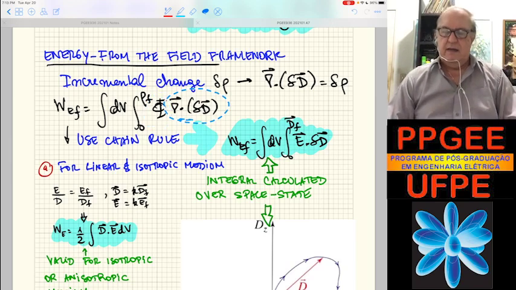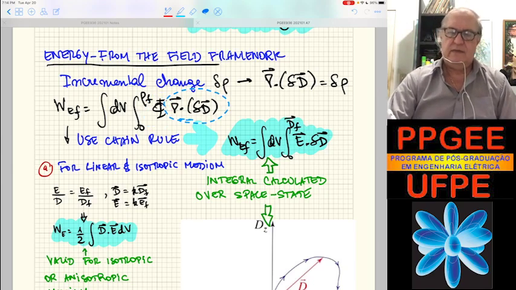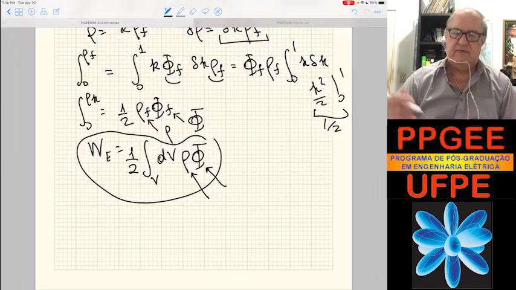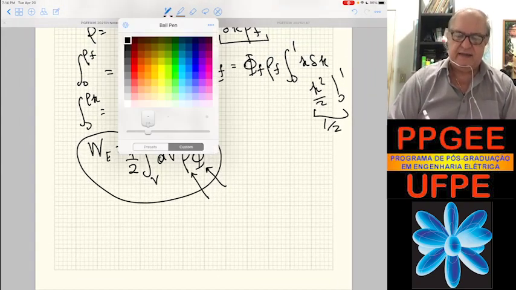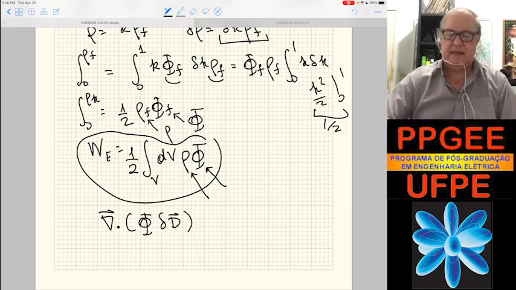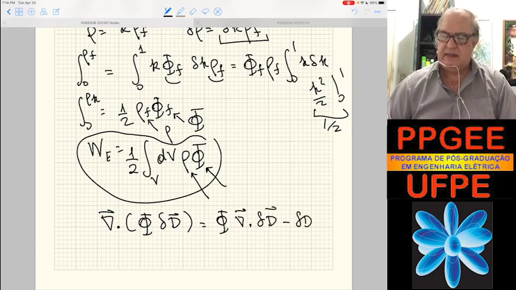If we do the same procedure that we did before for a linear system, we use the fact that the divergence of a function times a vector, where our vector is delta D in this case, equals the function times the divergence of delta D, that's the term in the integral, minus delta D dot the gradient of the function.